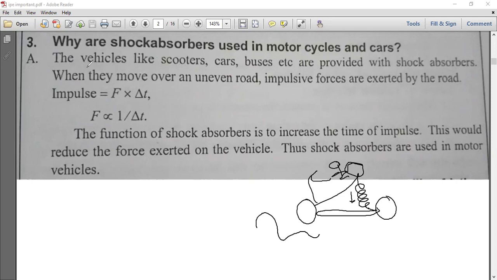So see here, the vehicles like scooters, cars, buses, etc. are provided with shock absorbers. When they move over an uneven road, impulsive forces are exerted by the road.